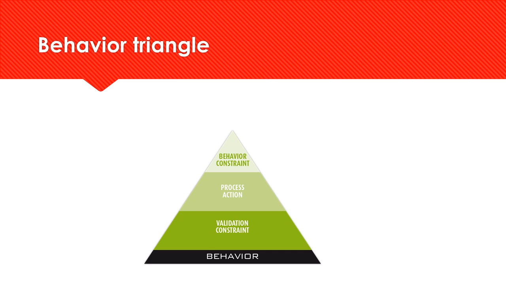The process actions are the actions that are carried out if we have clicked on a button or menu. Validation constraints are the rules that are being used to restrict the content of the selected values. And behavior constraints are behavior rules that decide whether a certain field is shown or not and is editable or not. This could also relate to a panel or a pane.